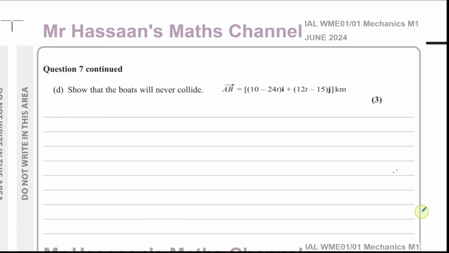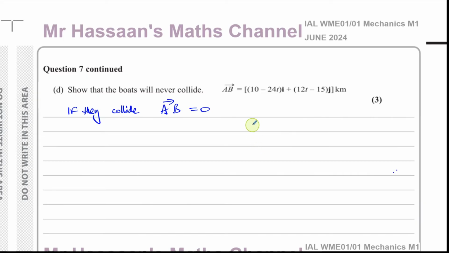And now for part D, we're told to show that the boats will never collide. Now there's numerous ways of doing this question, but by far the simplest way is to understand that if they collide, then the vector from A to B is going to be equal to 0.